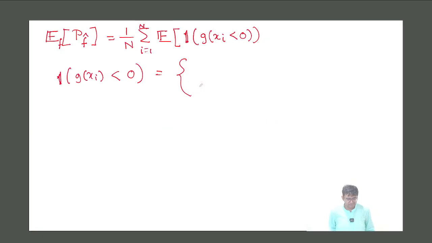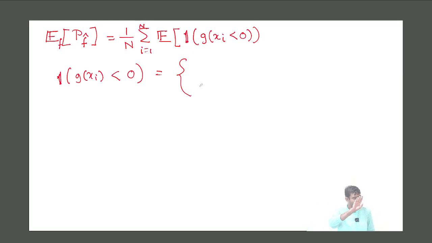So if it is a Bernoulli distribution, what is the mean? P. What is P in this case? Probability of failure, right? So then expectation will be equal to P of f. That much you agree.